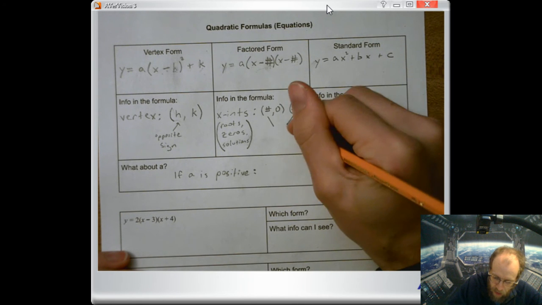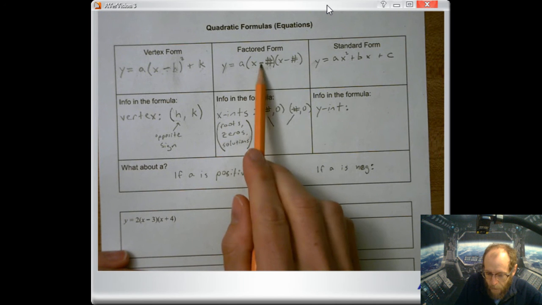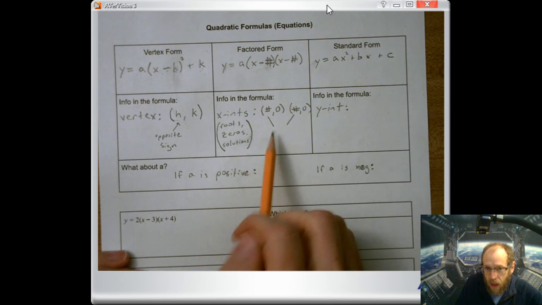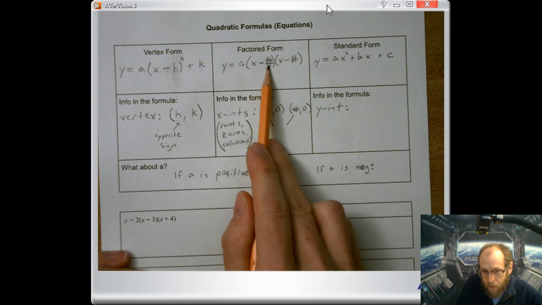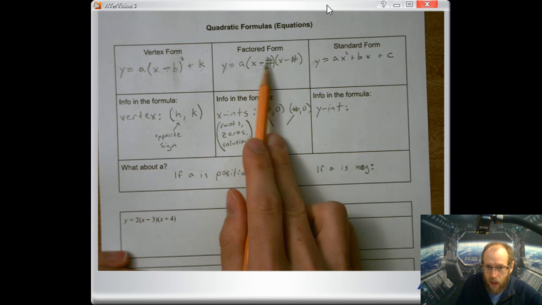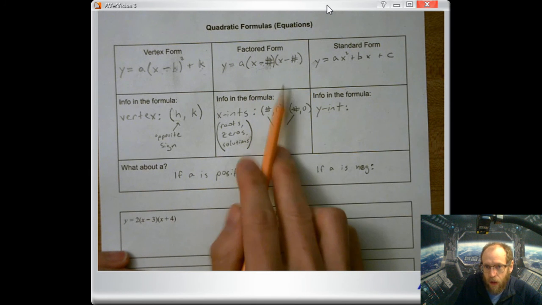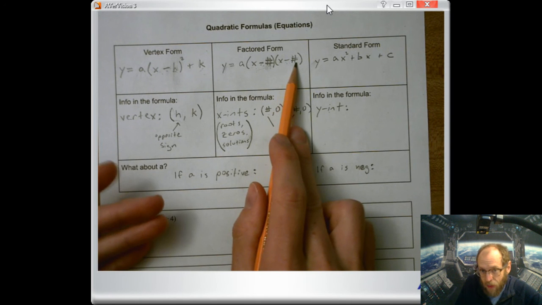And just like we talked about with the h value in the vertex, because there's a minus in the formula here, they're going to have the opposite signs of what it says. So if it says x minus 7, this is a negative 7 up here, but the actual x-intercept is at positive 7 because the minus stays in the formula and you only take the 7 part. But if it says like x plus 3, that's the same as an x minus a negative 3.